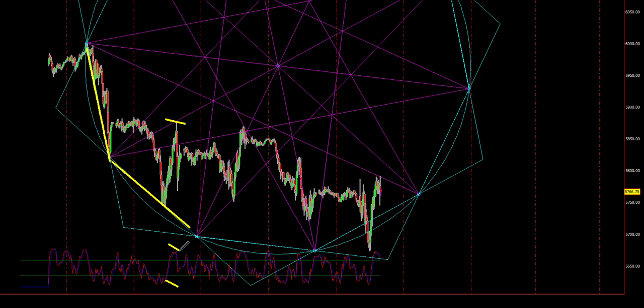Look at the oscillator. Market goes sideways. Market comes down. 45. Look at the structure.